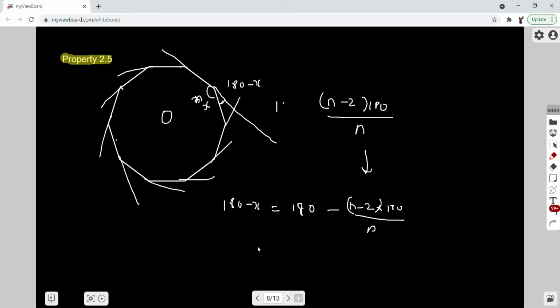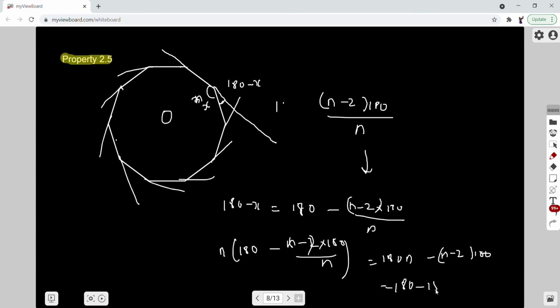So we multiply by n: n into (180 minus (n minus 2) into 180 by n). So we get 180n minus (n minus 2) into 180. We get 180n minus 180n plus 360. So we always get 360.